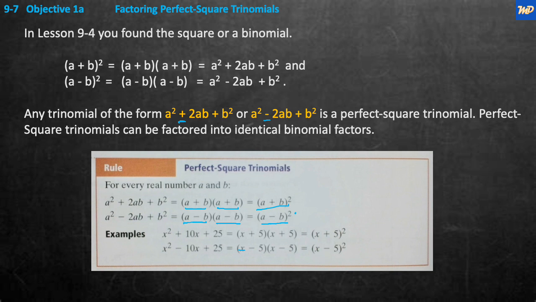When you multiply these back, you get the same thing. X times x is x squared. X times negative 5 gives you minus 5x, and negative 5 times x gives minus 5x, so together minus 10x. And finally, minus 5 times minus 5 is positive 25. So it's exactly what we're looking at.